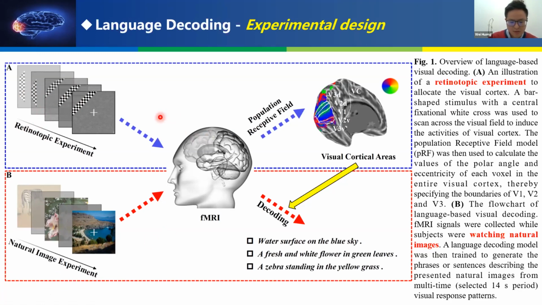The purpose of the first experiment is to locate the visual cortex areas. The purpose of the second is to decode text based on the neural activity induced by natural images.